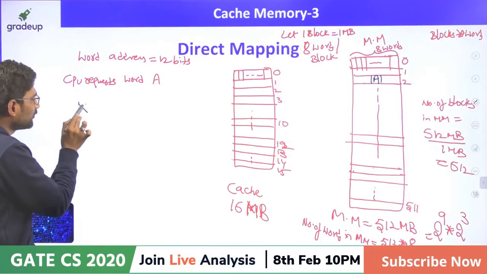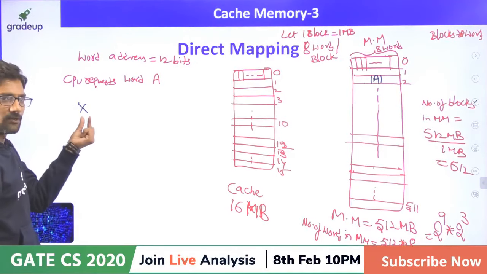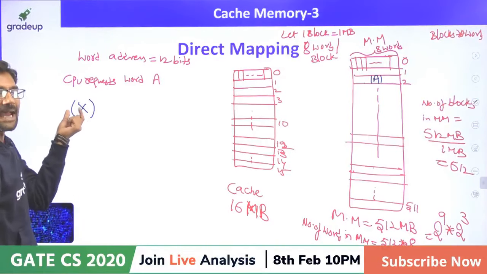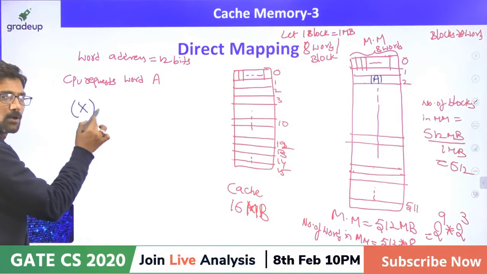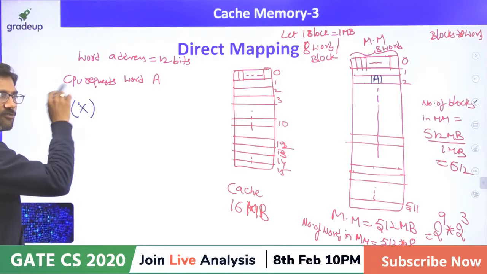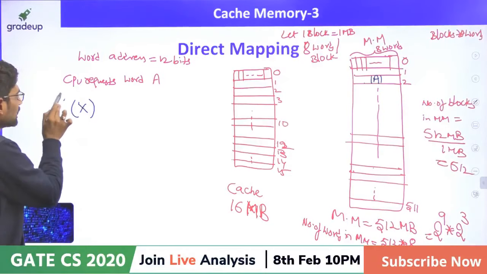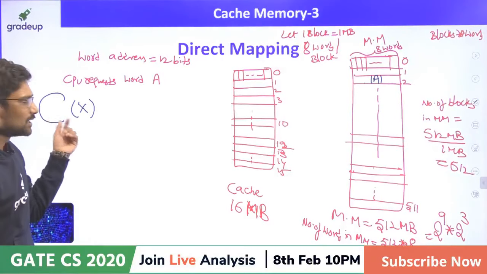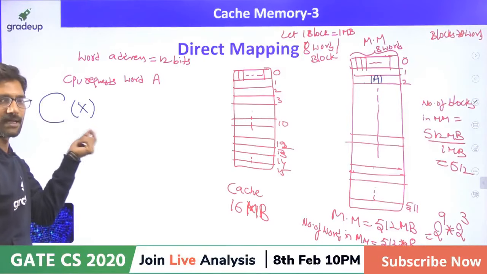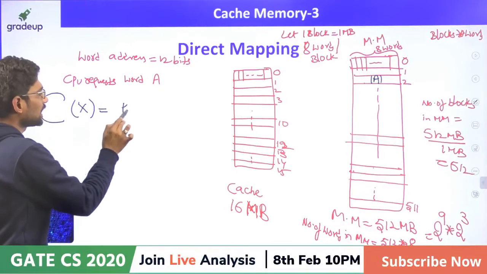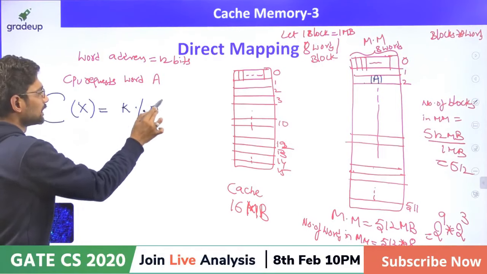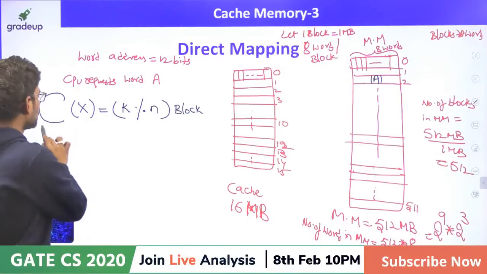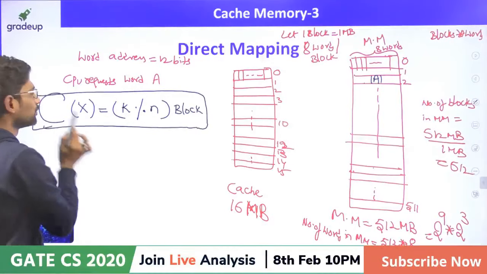The location of any data X in cache memory, C of X, is equal to K modulus N block.